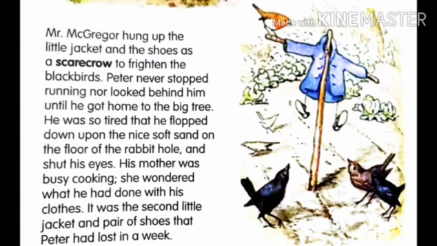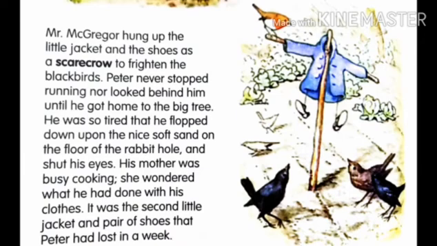Now he was so tired that he flopped down upon the nice soft sand on the floor of the rabbit hole and shut his eyes. Because he was frightened, he was running and he was in such a mood. So now when he reached home, he felt relaxed. So he went to sleep. As soon as he shut his eyes, he was asleep.